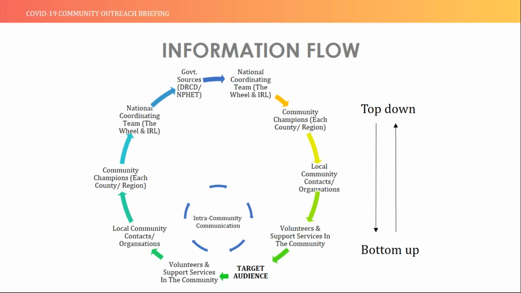I guess that relieves pressure on systems, and relieves people in communities from asking the same questions over and over and the same answers being given. The idea is that we can get an answer once and filter that out. This feedback loop, or information flow, also allows us to map the needs across the country, disseminate the facts, the accurate information and best practice, and then deploy supports where and if needed.